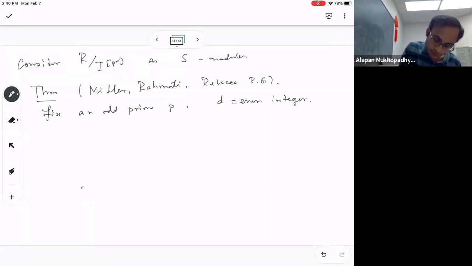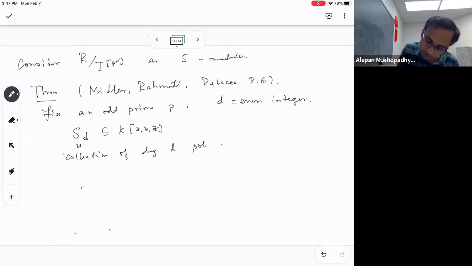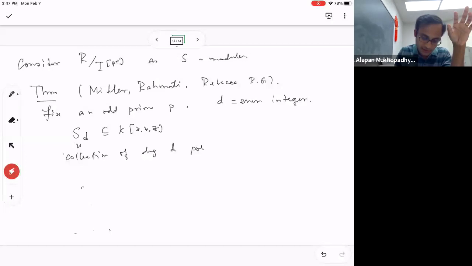I look at S_d, which is just the collection of degree d polynomials in the polynomial ring in 3 variables. That's an affine space. There's a Zariski topology on that, so I can talk about general and very general elements in this space S_d.